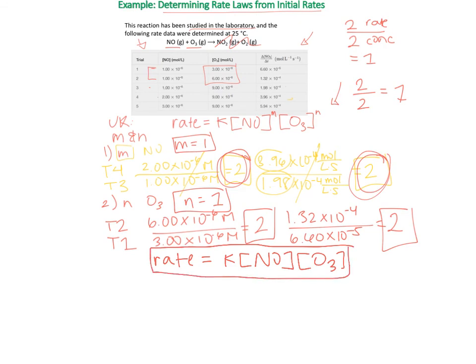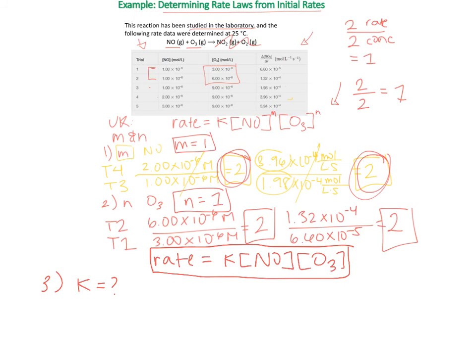Now there's another thing that we can determine from this data and information. We can determine, and this is our third step, K. Okay? So how would we do that?